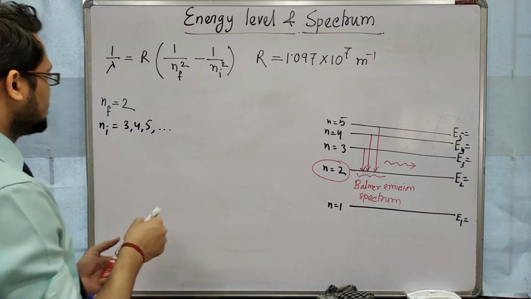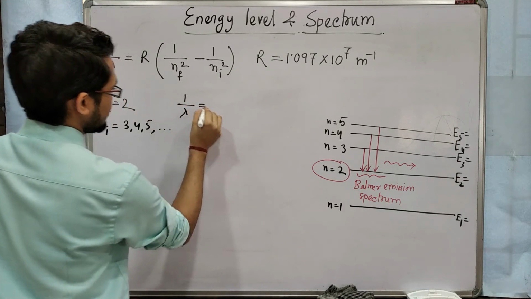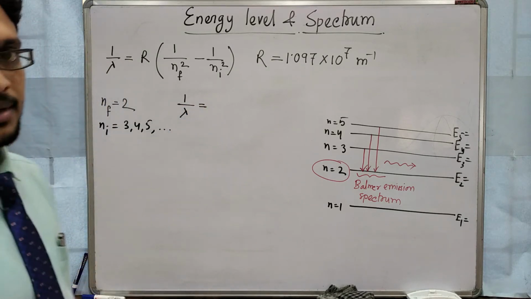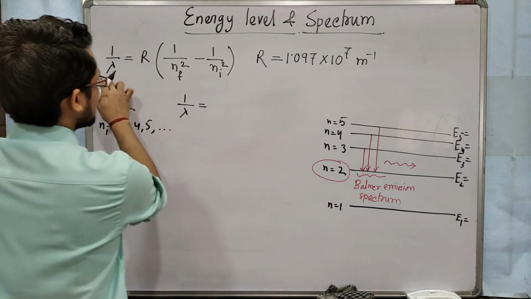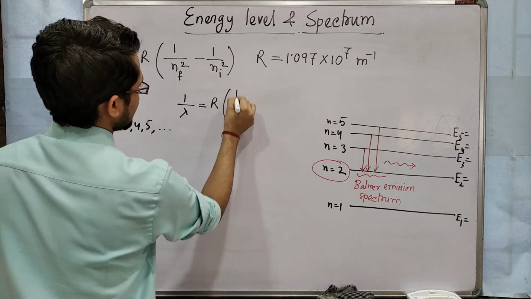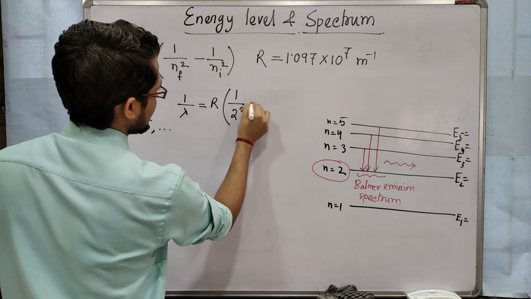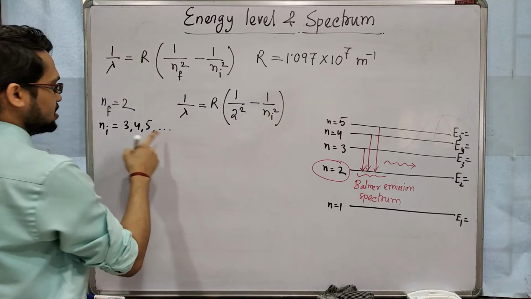So this is the required formula for Balmer series. Sometimes a direct question comes: write the wavelength equation for Balmer series. Then do not write the general equation. For Balmer series, in place of nf you put 2 square, minus 1 by ni square, with ni equal to 3, 4, 5 and so on.